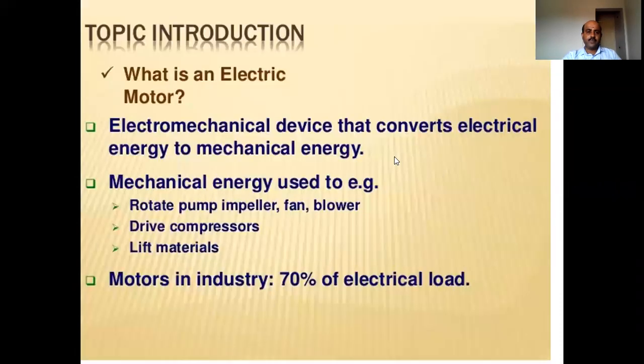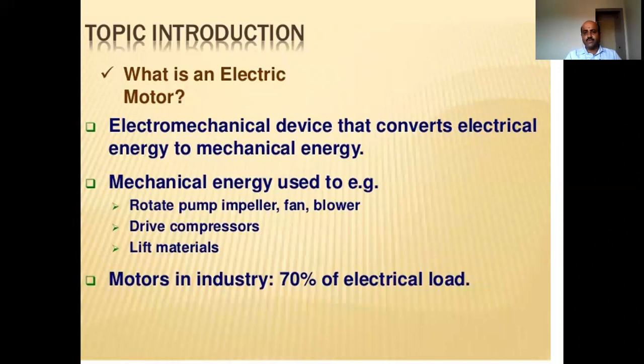Let us start now. Introduction to this topic. First question is, what is an electric motor? Basically, an electric motor is an electromechanical device that converts electrical energy to mechanical energy. This mechanical energy we use for rotating the pump, impeller, fan, blower, driving compressors, or lifting materials.